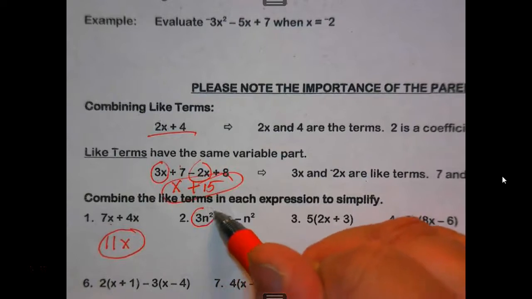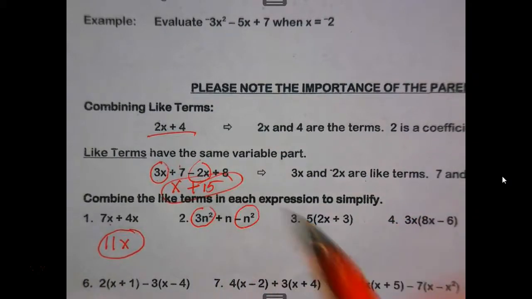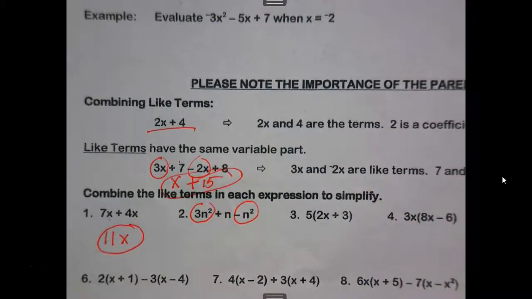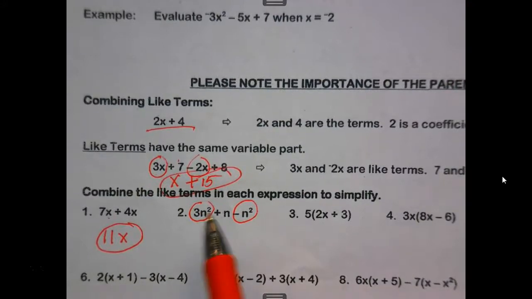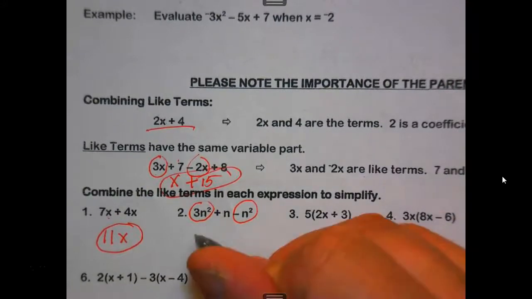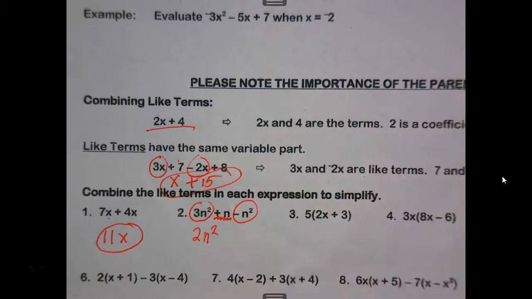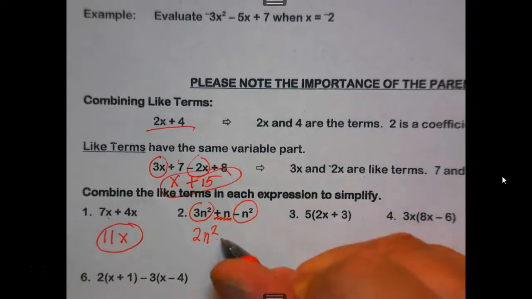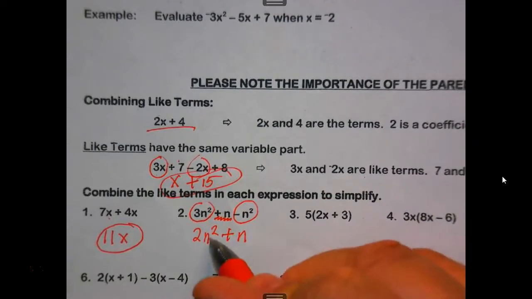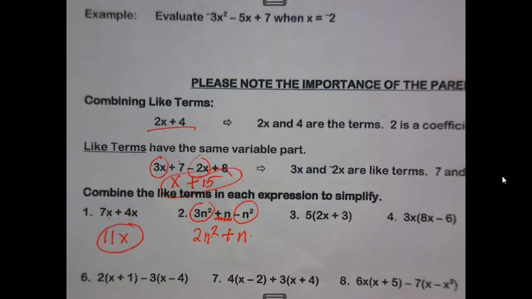Number 2, this time we only combine the n squared. 3n squared minus 1n squared, 2n squared. This is n to the first. I can't combine it. I leave it. 2 different exponents.